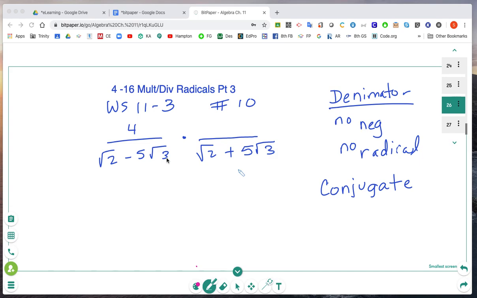So the conjugate is the same denominator, opposite math operation.